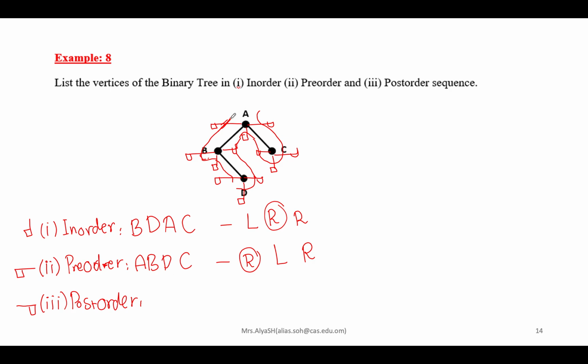So we start like this. The first node hit here is D, then B, then we continue until we hit C and finally A. So here we first visit the left.